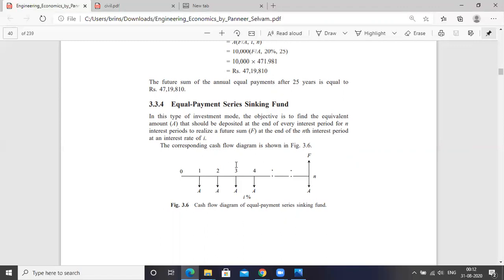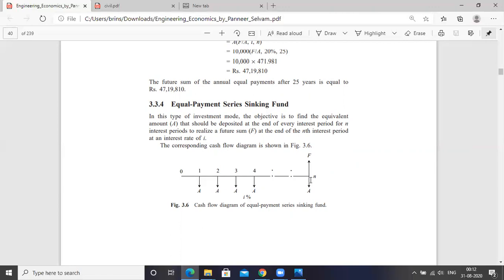So just take this figure as an example now. If the money earns interest at a rate of i, compounded annually, how much money will we have accumulated after a certain period of time, that is n?